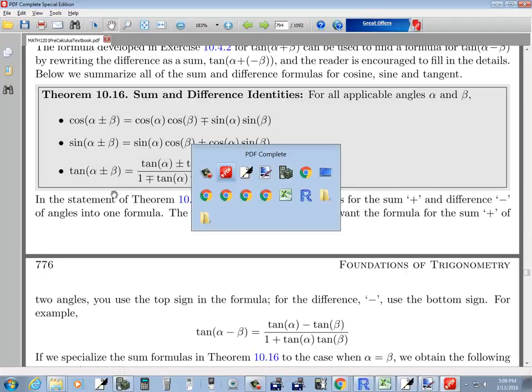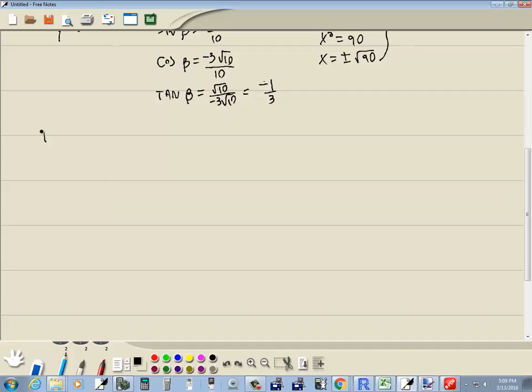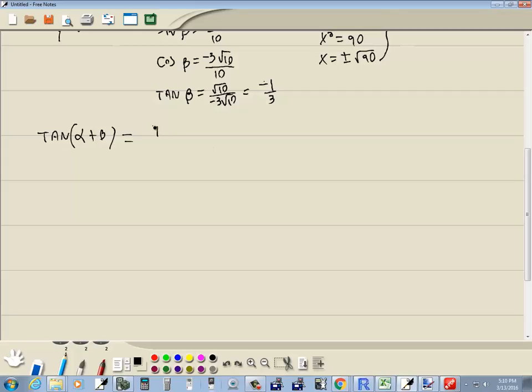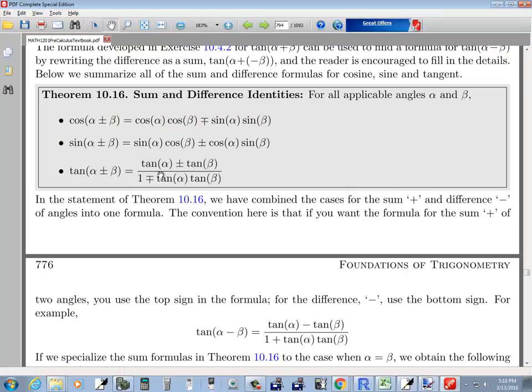Tangent alpha plus beta, from our formula, says that we're going to have tangent alpha plus tangent beta over 1 minus tangent alpha tangent beta.